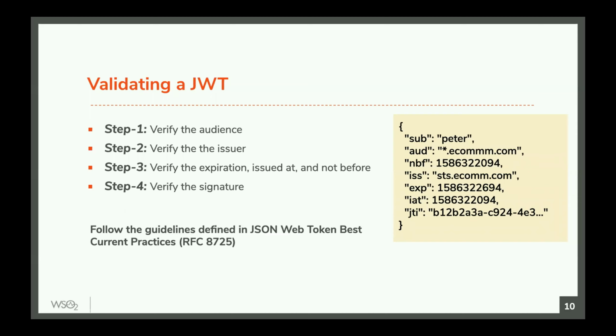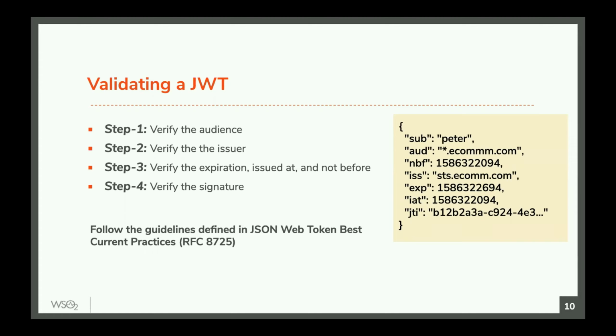Then you need to verify the issuer. You need to see whether this JWT comes from an issuer you know about. Once again, the issuer is just a string, right? And then you need to verify whether the token is expired, whether the issued at time is in the past, and the not before time is basically valid, right?